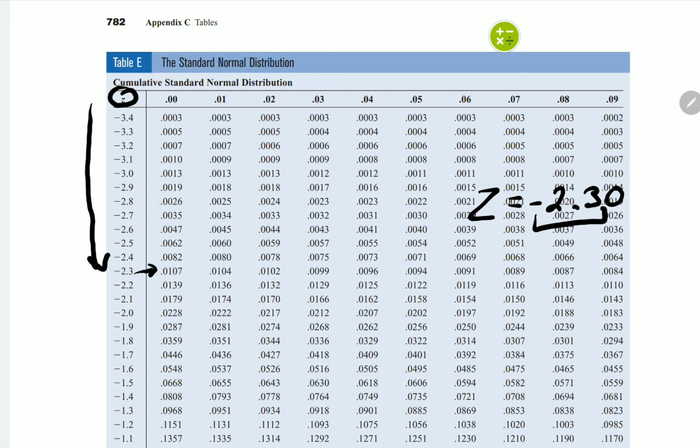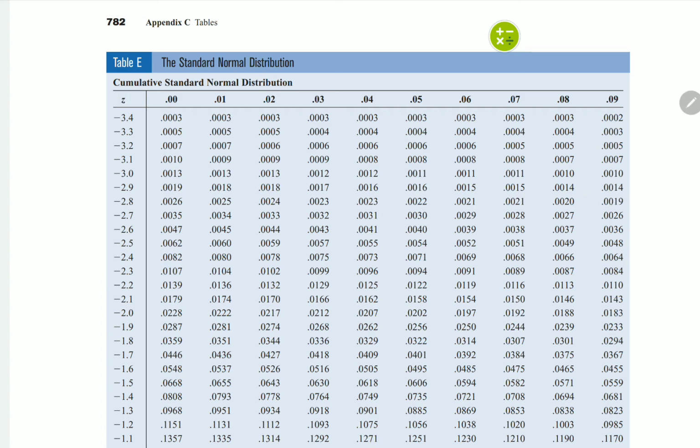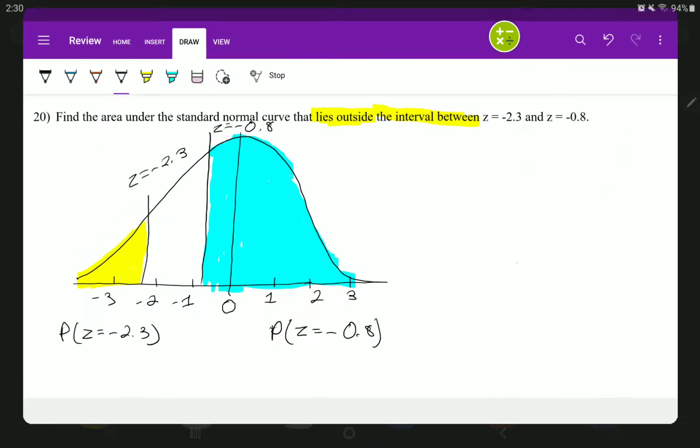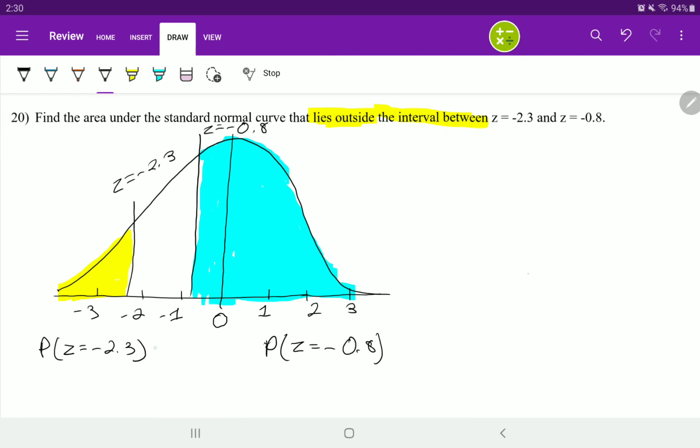And the probability for negative 2.30 is going to be 0.0107. That's the area under the curve. Well, rather, that's the probability for that z-score. All right, make sure you have this down. I'm going to now clear, and I'm going to report that back onto my whiteboard, which, by the way, is called OneNote, if anybody likes Microsoft.